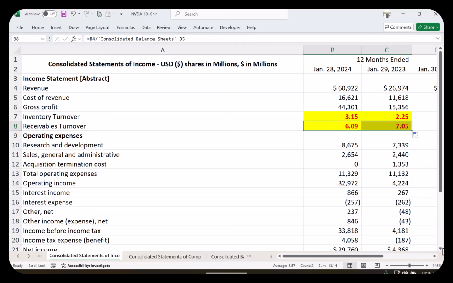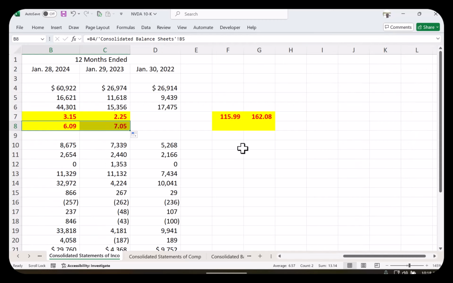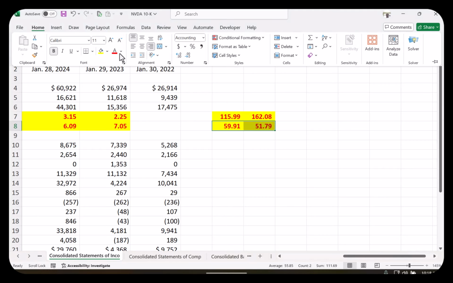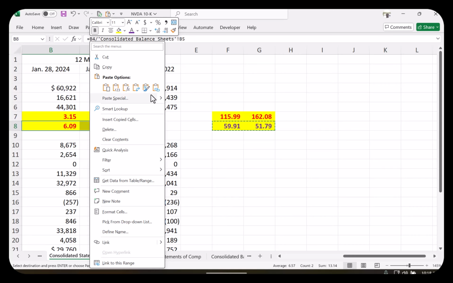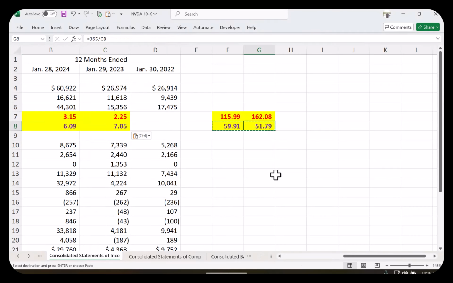Or alternatively, we could calculate the days. Back in 2022, it took NVIDIA about 52 days to collect its receivables.